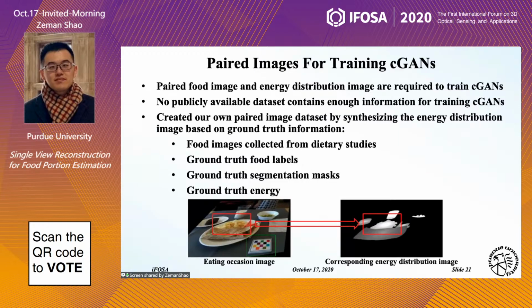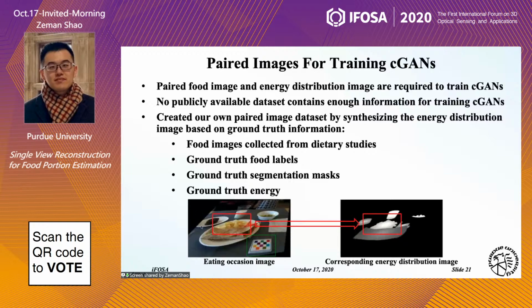In order to train the conditional GAN, we need paired food images and energy distribution images. However, there is no publicly available dataset that contains enough information for training the conditional GAN. Therefore, we created our own paired image dataset from food images collected in a real-life dietary study, by synthesizing the energy distribution map based on the ground truth information, such as the original RGB food images, the ground truth food labels, segmentation masks, and food energy.